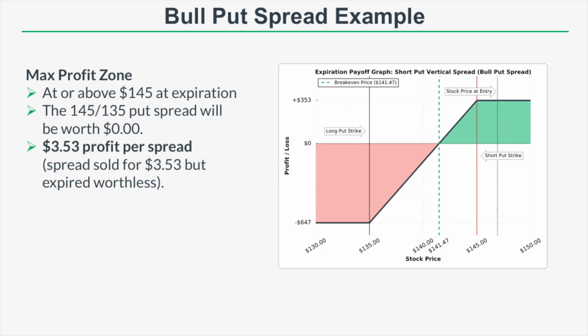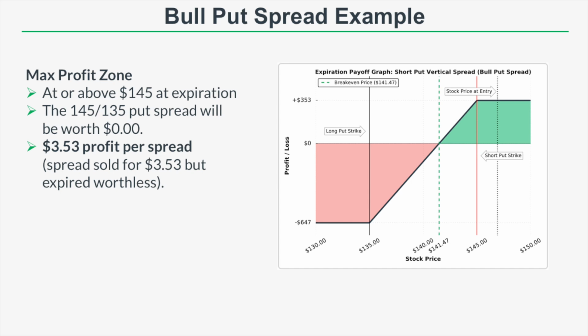Let's start with the maximum profit zone for a bull put spread. For a bull put spread to be maximally profitable at expiration, the stock price has to be at or above the short put strike price. In this case, the short put strike price is $145. So if the stock price is at or above $145 at expiration, the 145 and 135 puts will both expire worthless since they are out of the money, and therefore the 145-135 put spread will be worth $0.